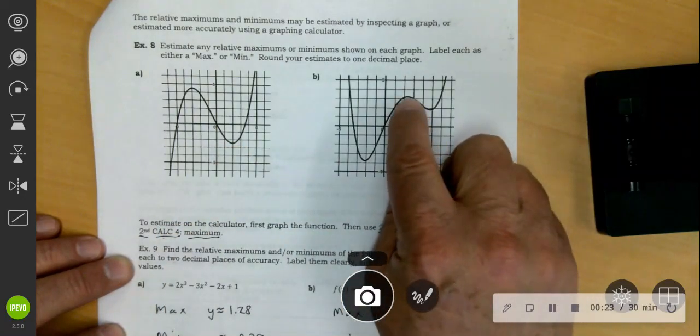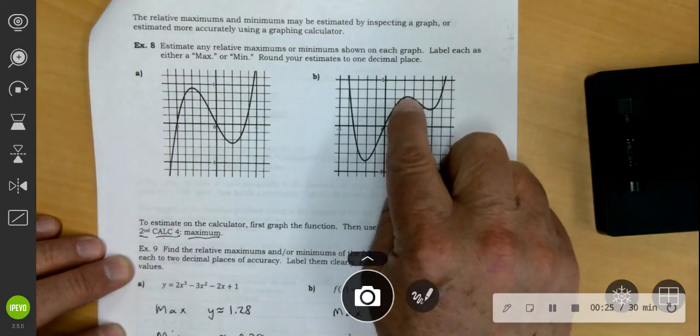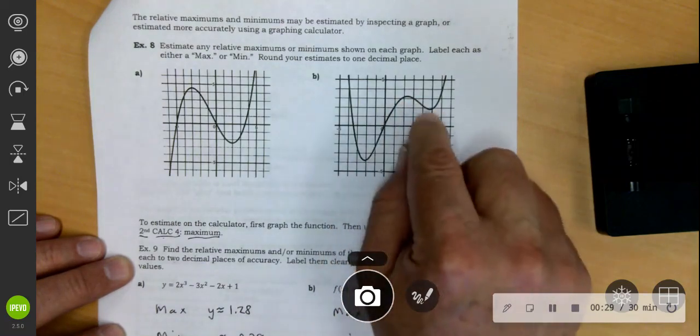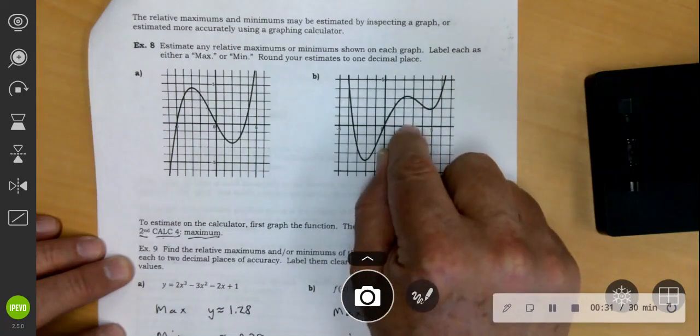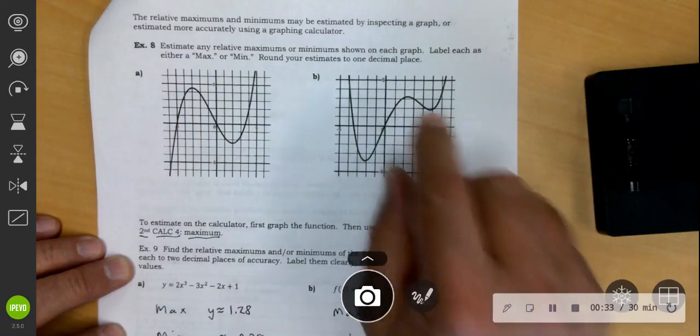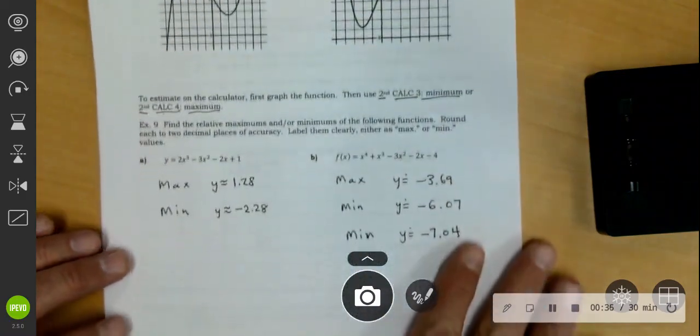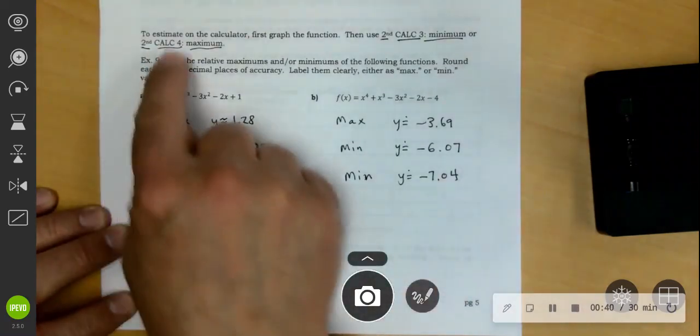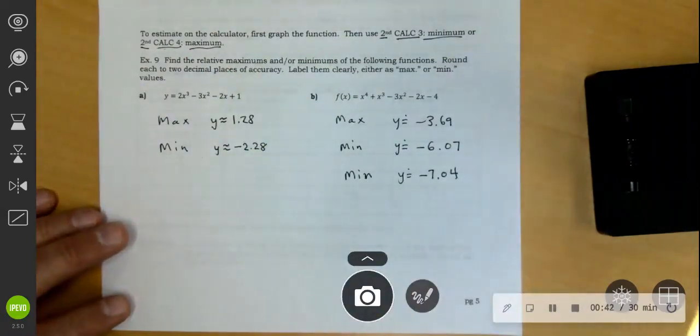So this one had one relative maximum, one hilltop, and two valleys. And for instance, on this one, the y value would be about 3.2, and we just looked at it visually. So on these last two problems, which is 9a and 9b in your notes, we're going to learn how to do this using a graphing calculator.